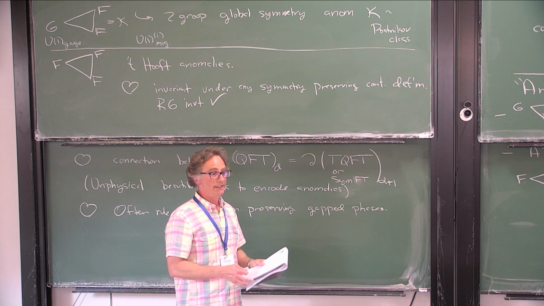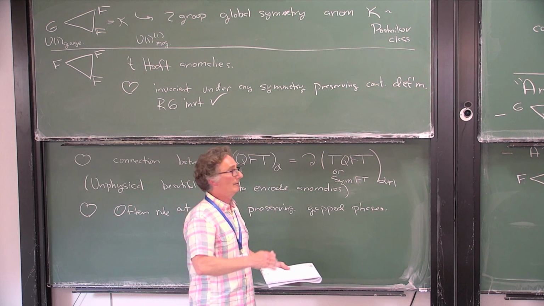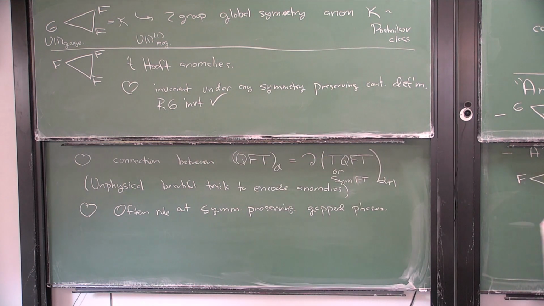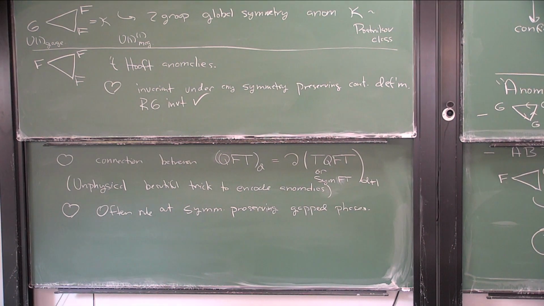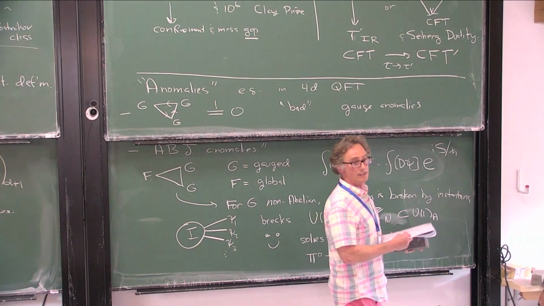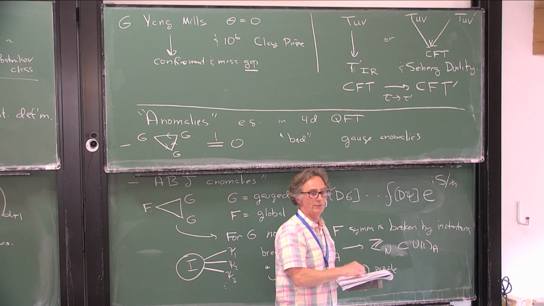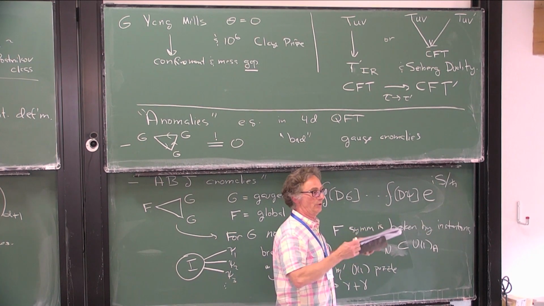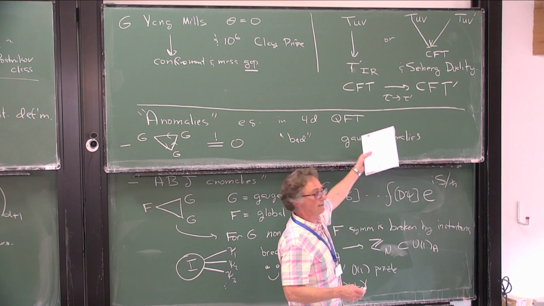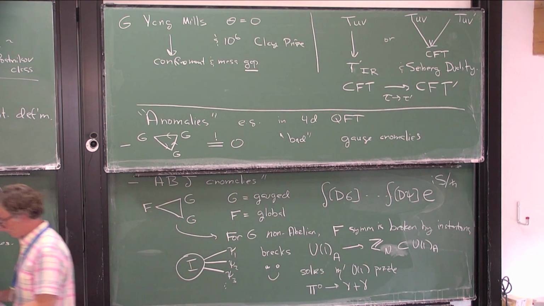There has to be either spontaneous symmetry breaking or some ungapped modes. Like in all of these examples with Seiberg duality, they have non-zero 't Hooft anomalies. And so we know in the infrared it can't flow to a gapped phase. There has to be something that matches the 't Hooft anomalies, and then you can try to write down something that does that, and that's what the duality does.